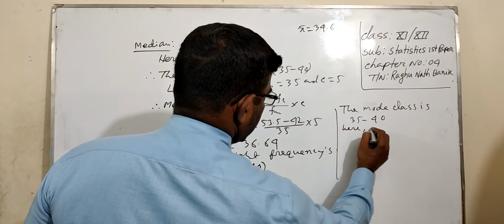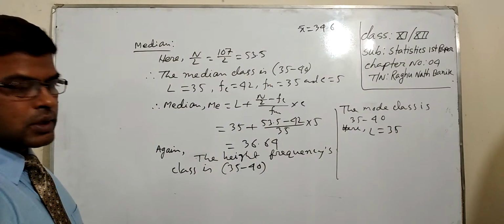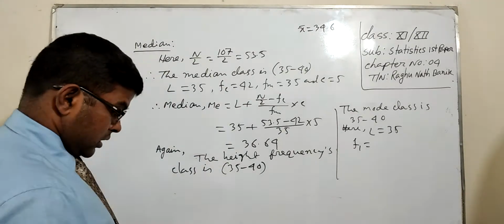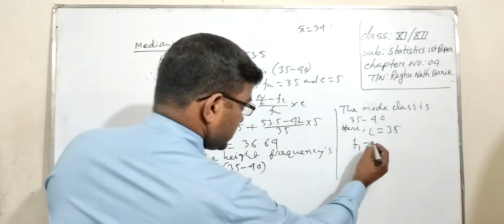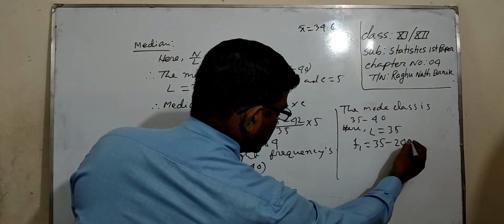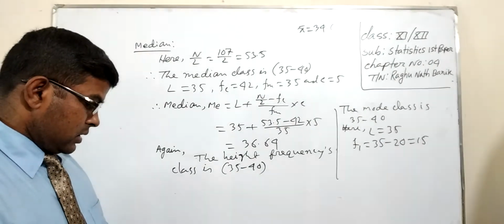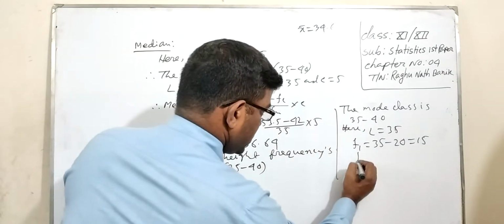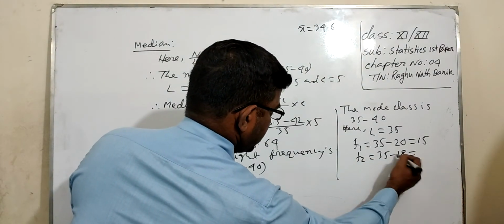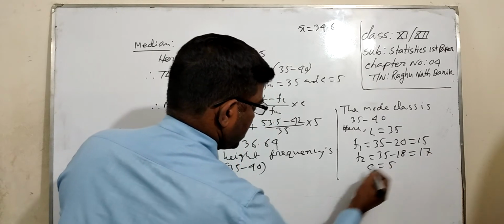Here L equal to 35, F1 equal to the difference between modal class frequency 35 and post-modal class frequency 20. You see the distribution table. F2 equal to 35 minus pre-modal class frequency 20, and C equal to 5.